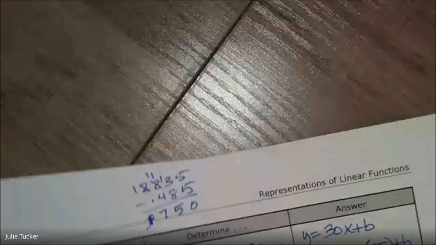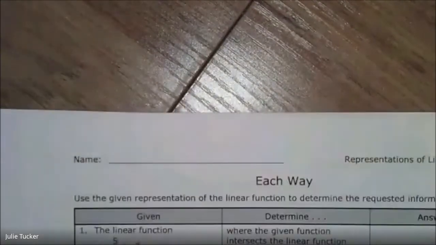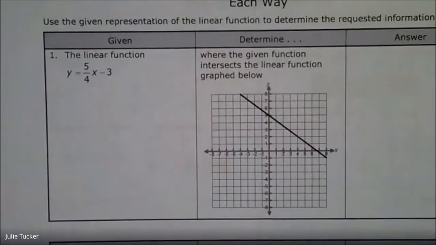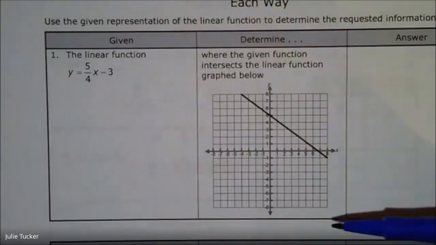You're doing really great with this. This is basically reviewing everything you've ever learned about linear equations, and you're doing really well. So here is the last page of our practice today, okay?